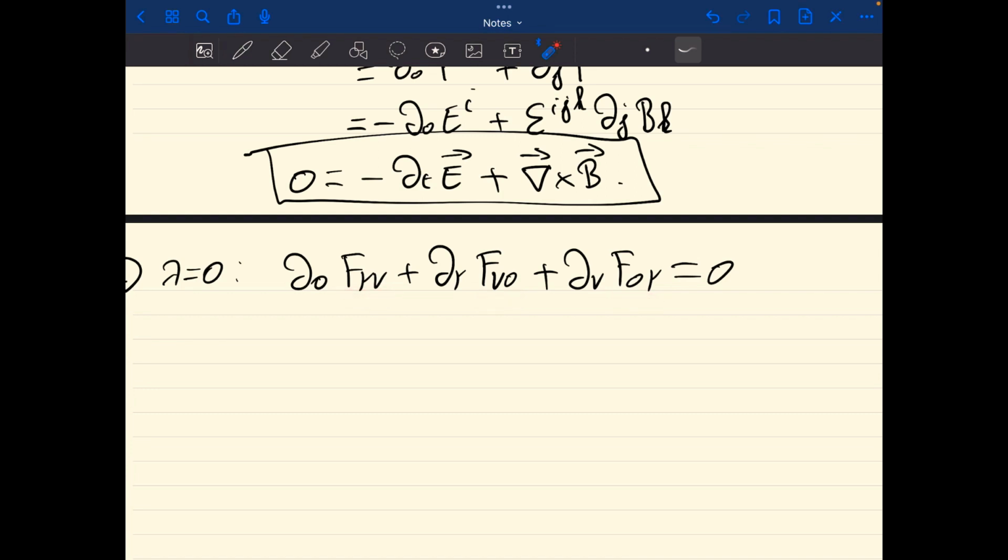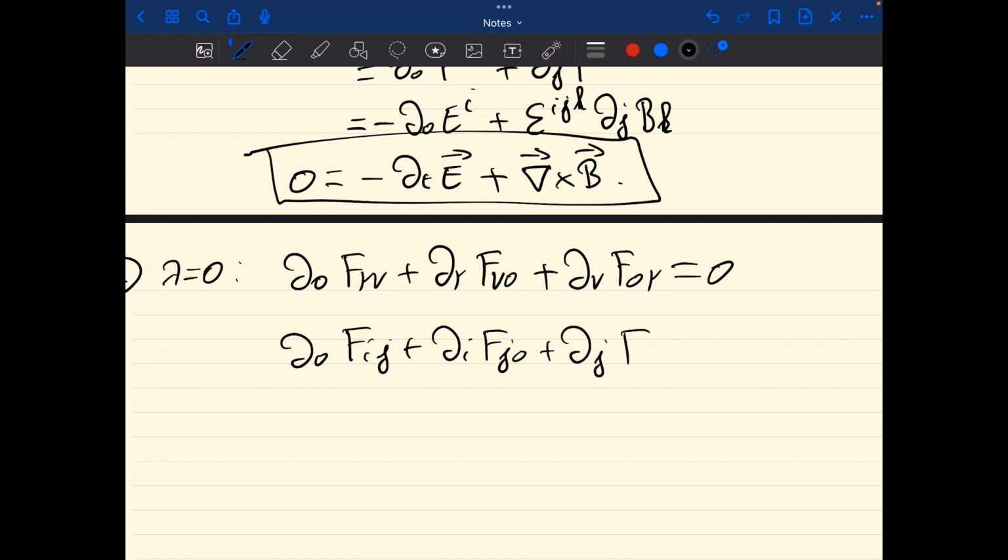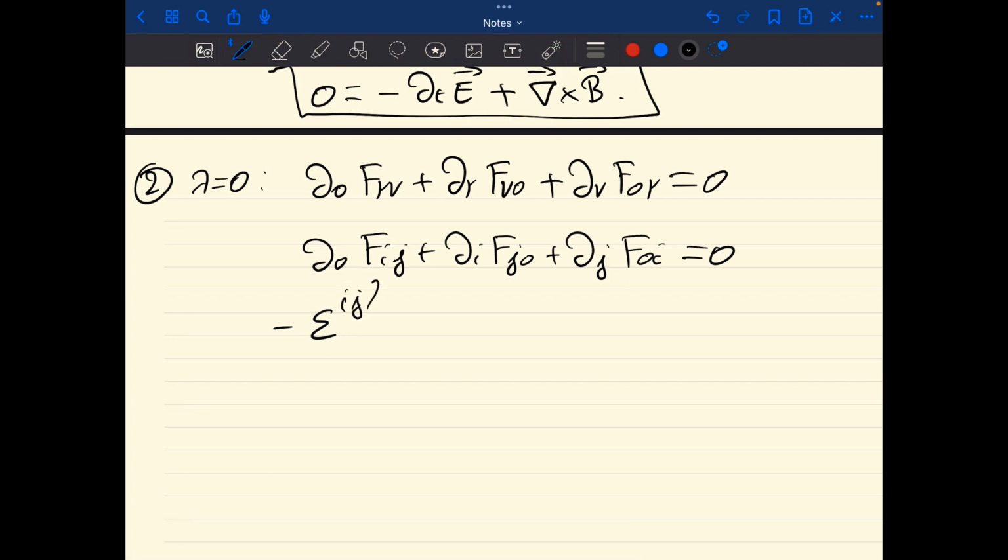So μ and ν have to be spatial indexes. So we can actually write them as i and j: ∂_i F_{j0} plus ∂_j F_{0i} equals 0. And now we can do the substitution for what we recognize here: electric fields, and here is the magnetic field, epsilon_{ijk} B_k.